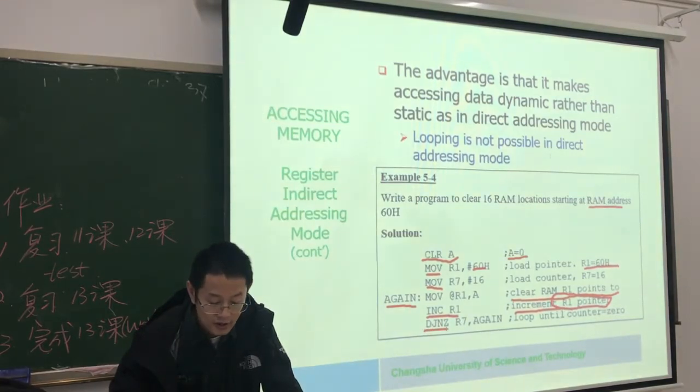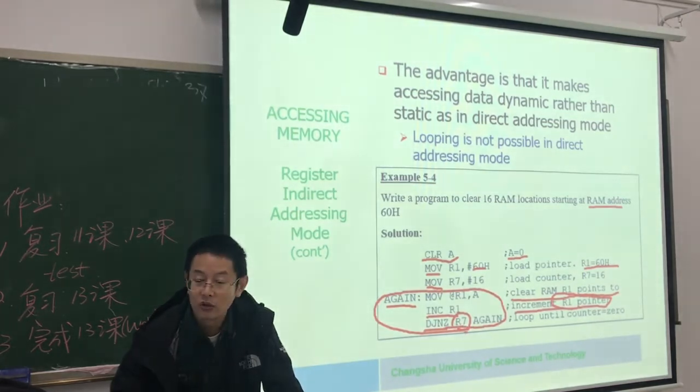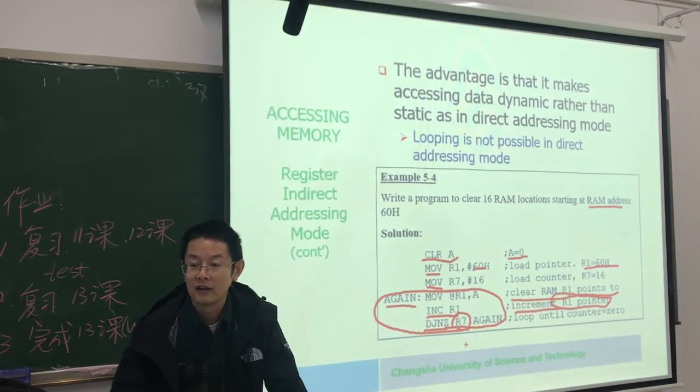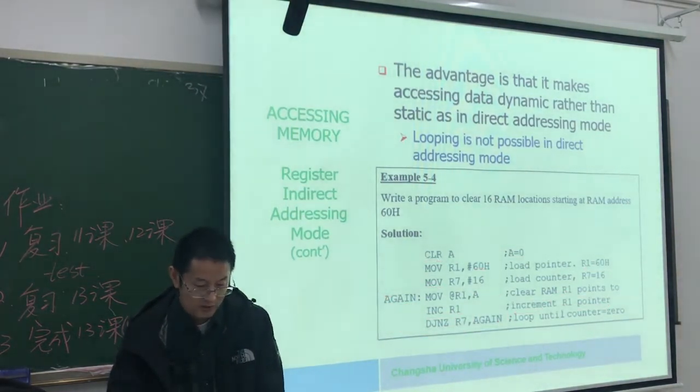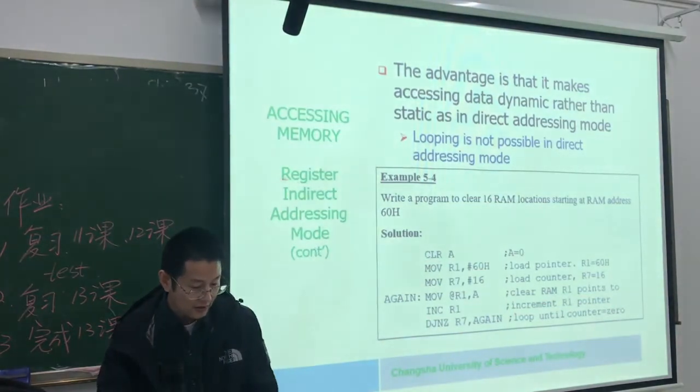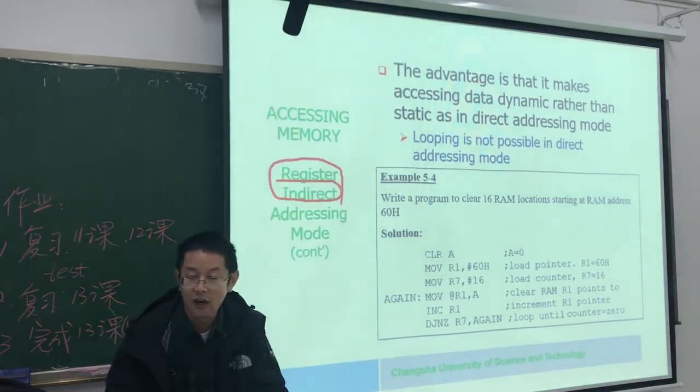DJNZ decrements R7 by 1 until 0. If not 0, we loop here. If R7 is equal to 0, the loop is ended. So this is the register indirect address model.